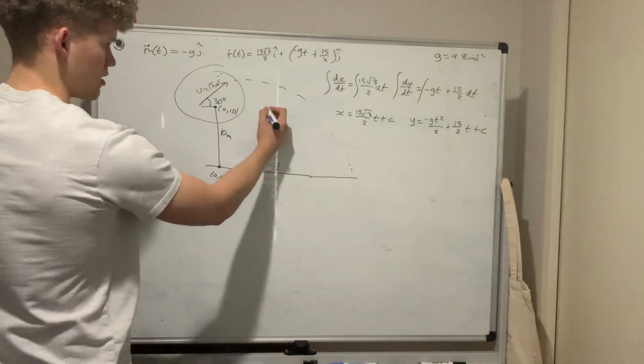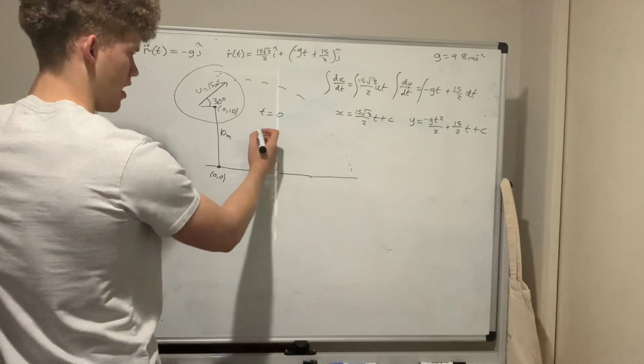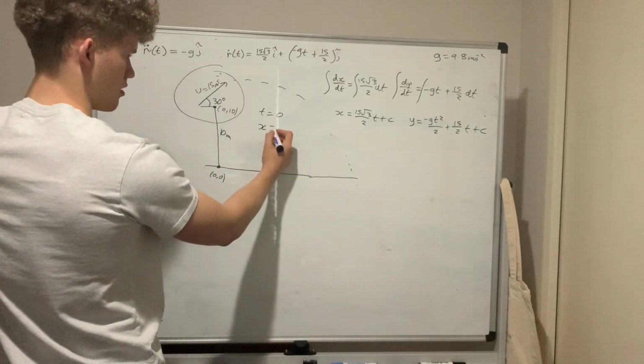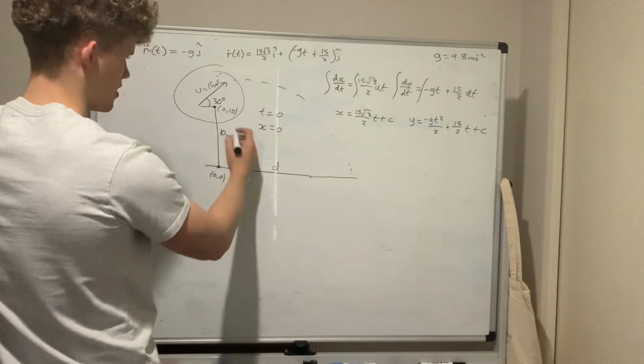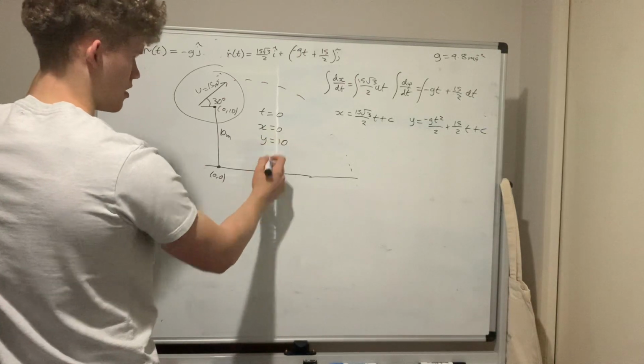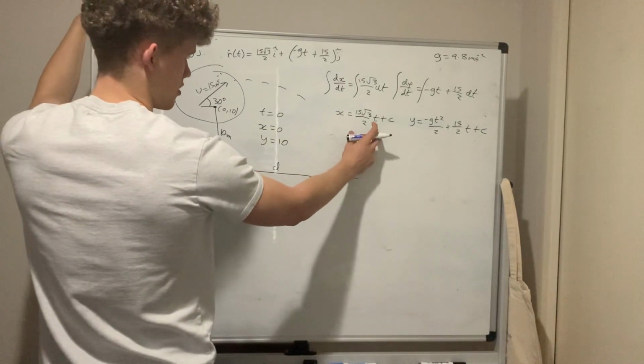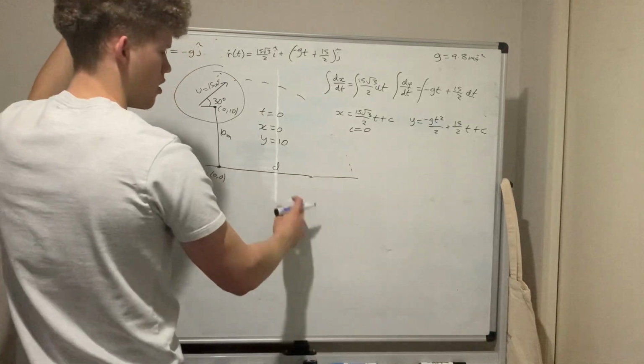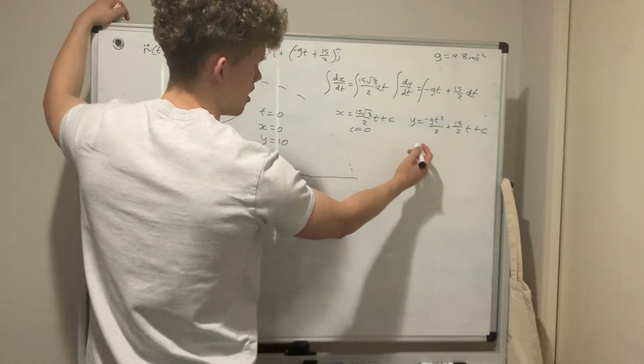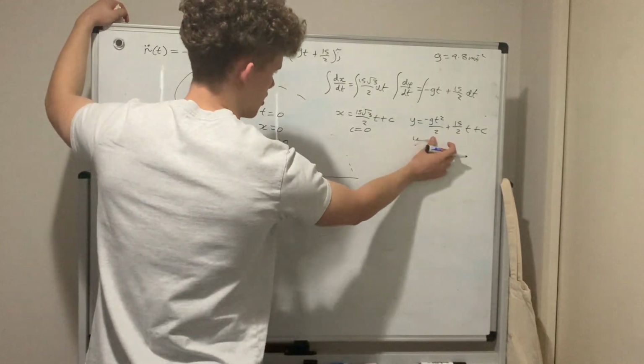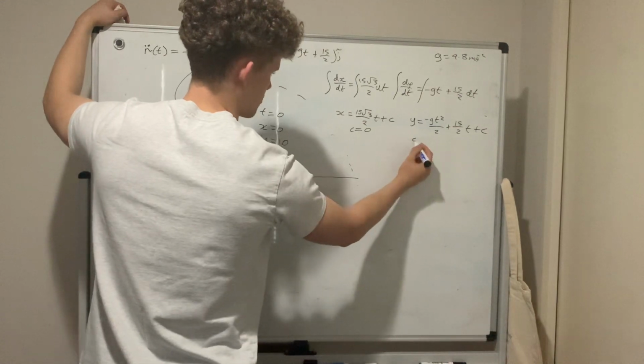So when time equals 0, my position in the x direction is still 0, but my height in the y direction is 10. So that means when I substitute t equals 0 in here, my c would be 0. When I substitute t equals 0 in here, my y will be 10. So in other words, my c will be 10.